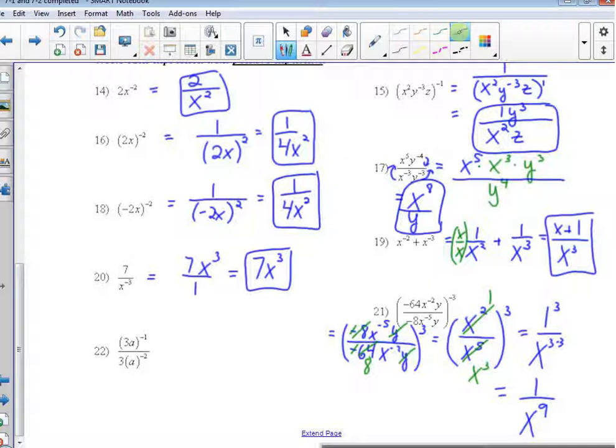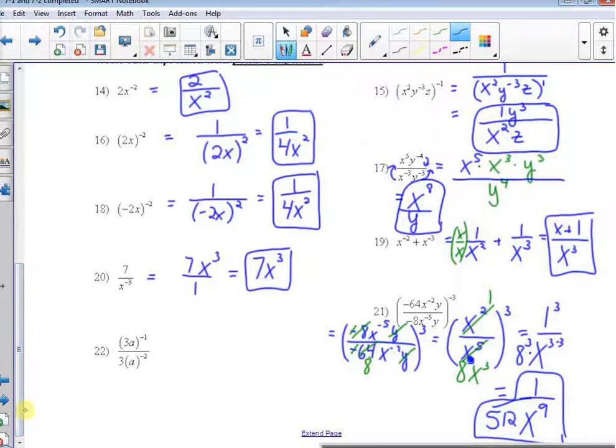So, got to go back. Hold on a second. And got to put the 8 in there. And so then we really have 8 to the third in there. So we have 8 to the third times x to the 3 times 3. And then that gives me 1 over 512 x to the ninth.